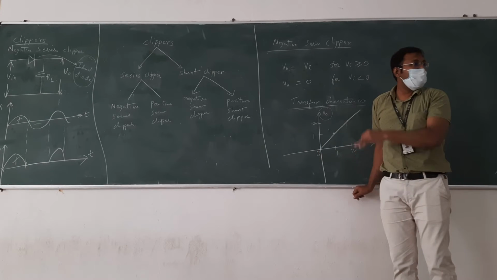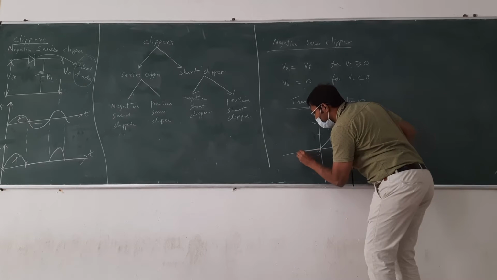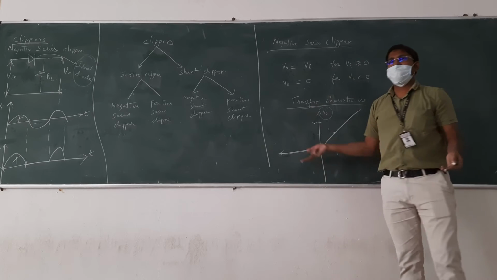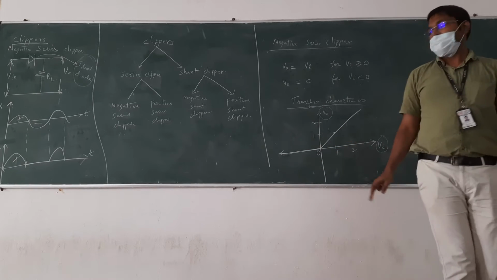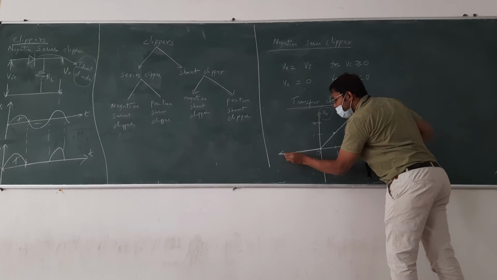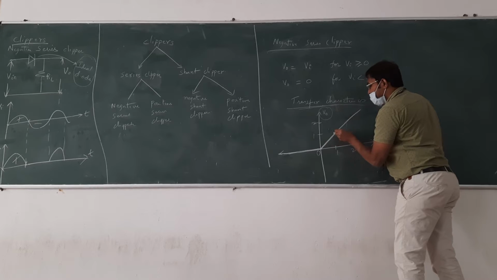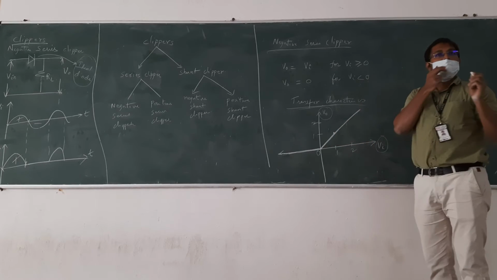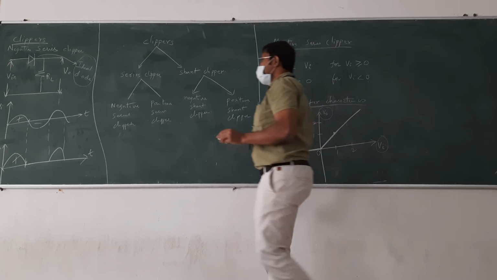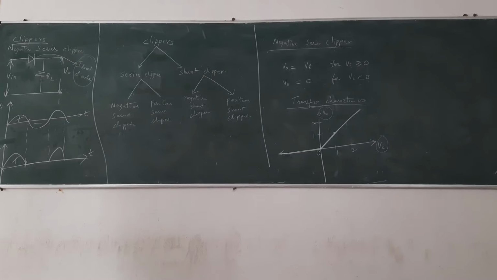It is along the negative x-axis. So the plot will be like this. Simple, school level mathematics, equation of straight line only. So the plot will be like this, and then like this. This will be the transfer characteristics for the negative series clipper.